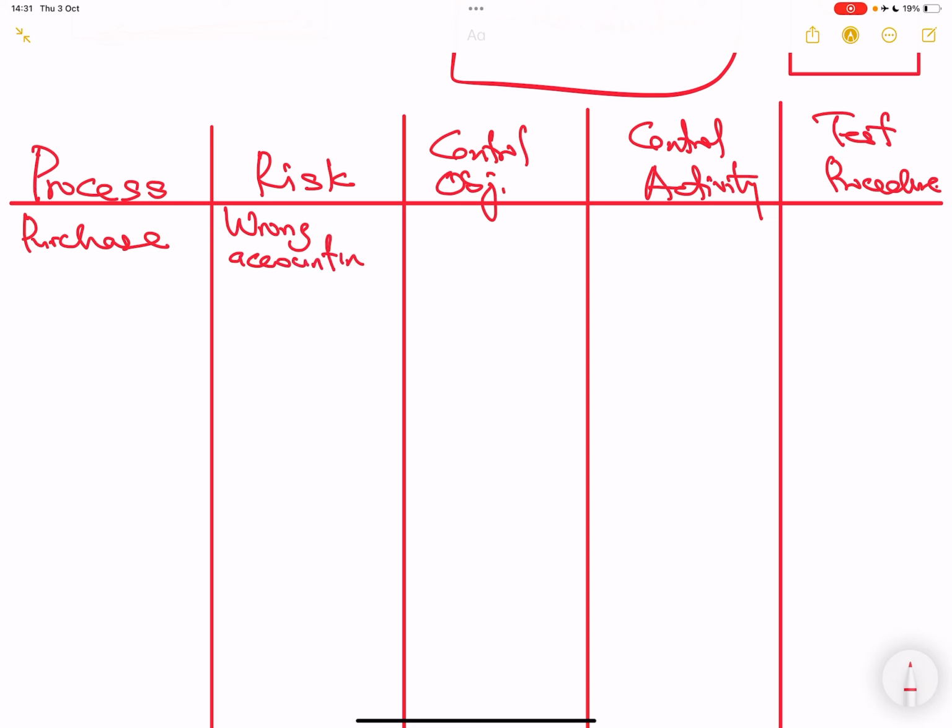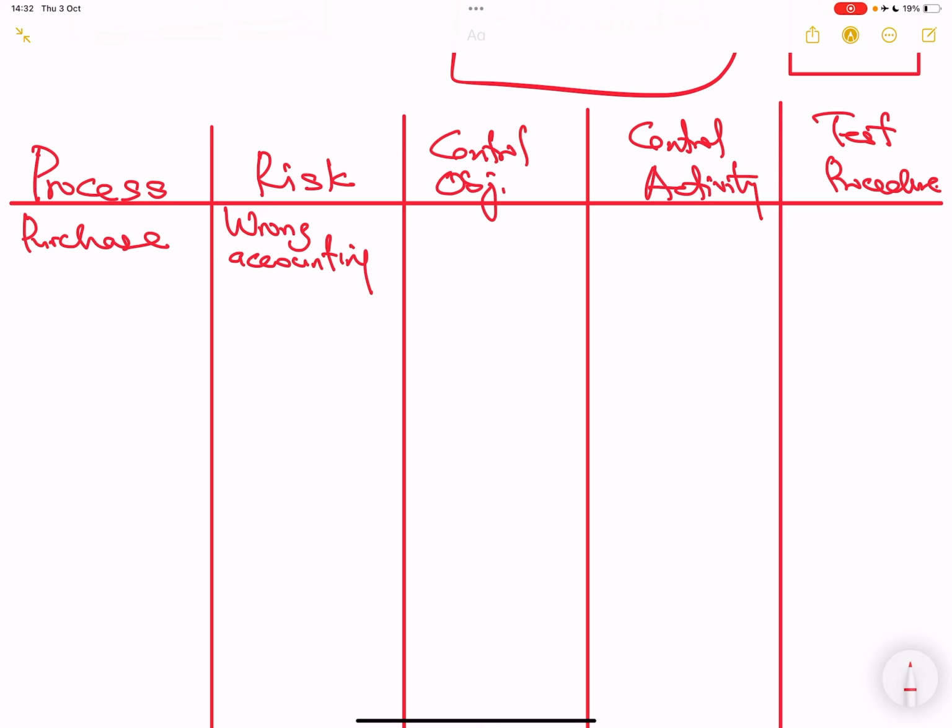Because remember, you capitalize non-current assets and you don't expense it. So this could be recorded in an expense instead of capital, or what is recorded in capital account is for expense. So that's why I'm bringing it out very clearly here. Wrong accounting is what could go wrong.